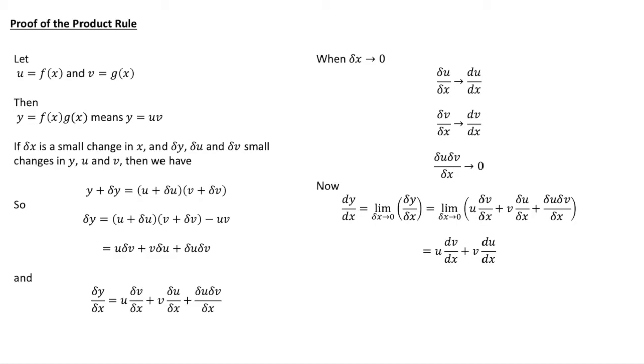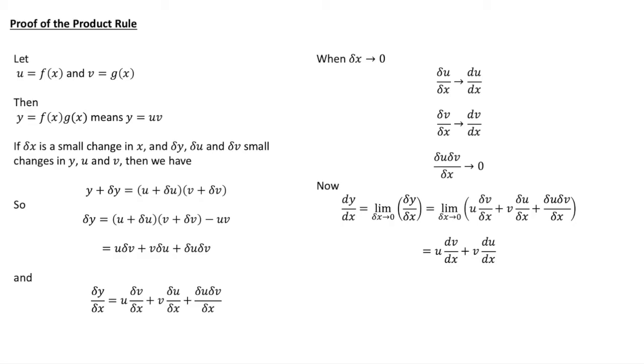So that means that when we do the limit as delta x tends to 0 of u delta v over delta x, that's going to give us u times dv by dx, because the u is unaffected by the fact that we're taking a limit.